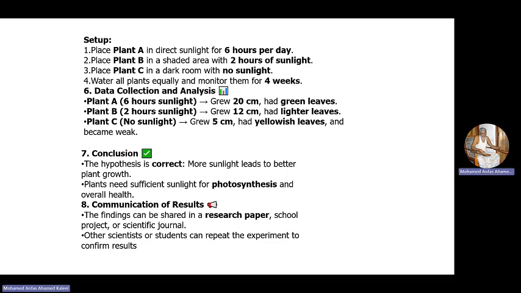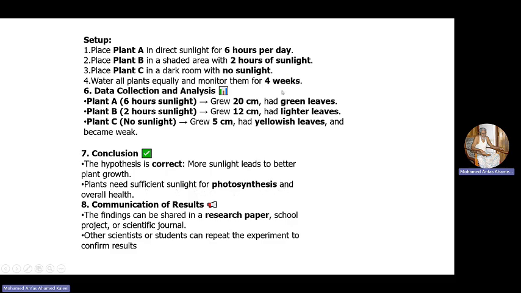So the conclusion: the hypothesis is correct. Why? Because more sunlight leads to better plant growth. With high sunlight, 6 hours, it grew 20 centimeters, and with 2 hours of sunlight, it grew 12 centimeters. Plants need sufficient sunlight for photosynthesis.